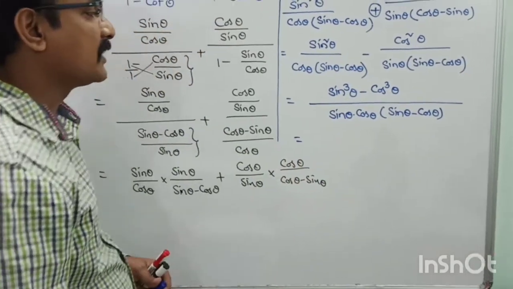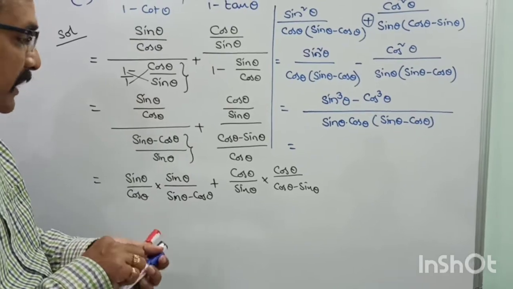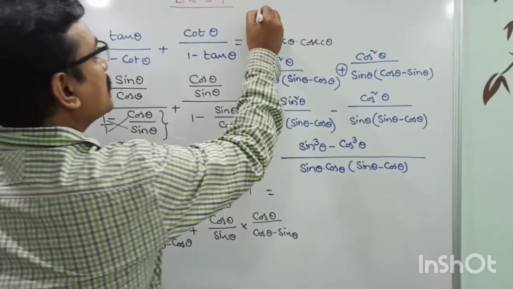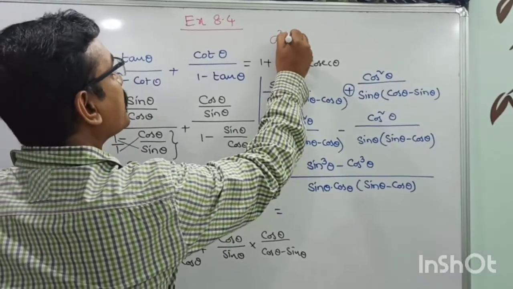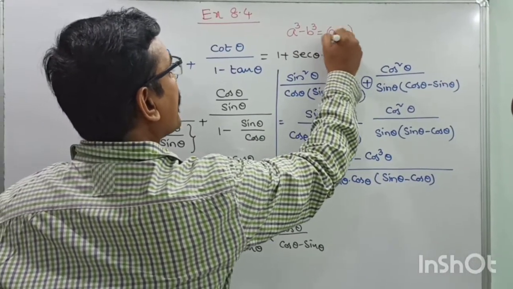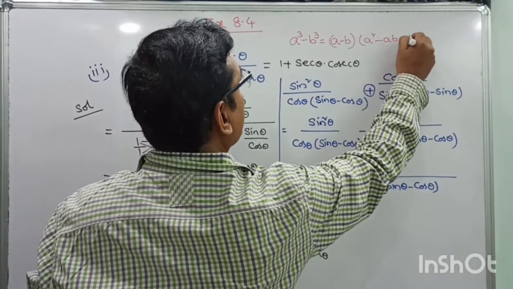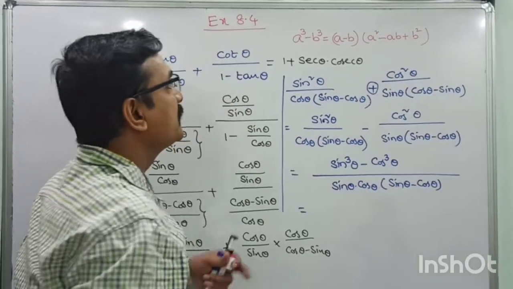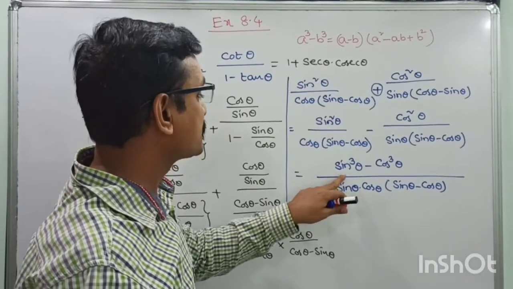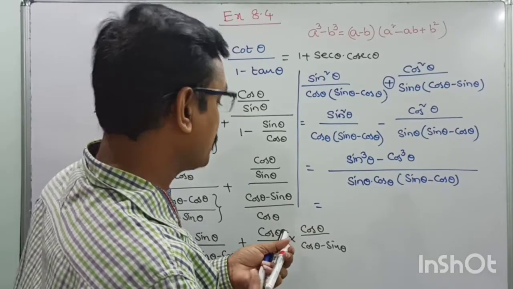Now it is in the form of a cube minus b cube. So a cube minus b cube we can write as a minus b into a square plus ab plus b square. Here a we can take as sine theta, b we can take as cos theta.